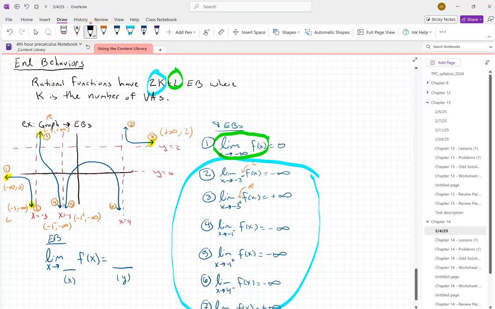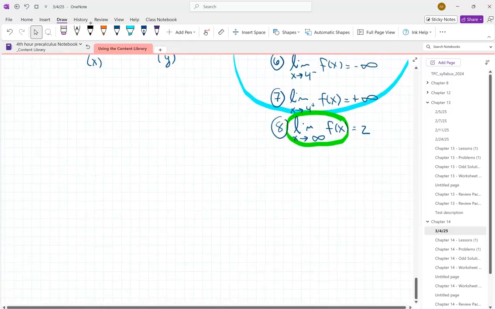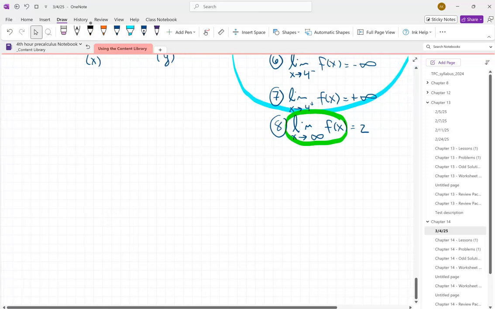So far, so good. Let's look at an example where we use the equation, where we just have the function, the equation.